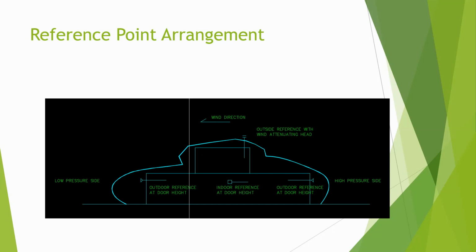So one way to handle wind pressure is an outside reference with a wind attenuating head. And you can see that at the top of this building. Essentially, it's two plates with a little opening in the center of the bottom plate. And so what that does is it causes the wind being blown through that head to be orthogonal, or 90 degrees, to the sensing point.